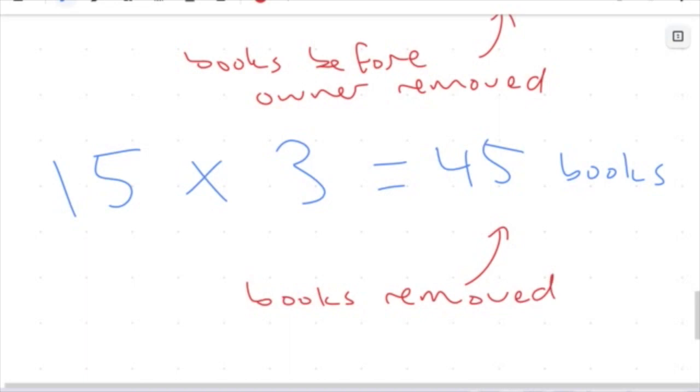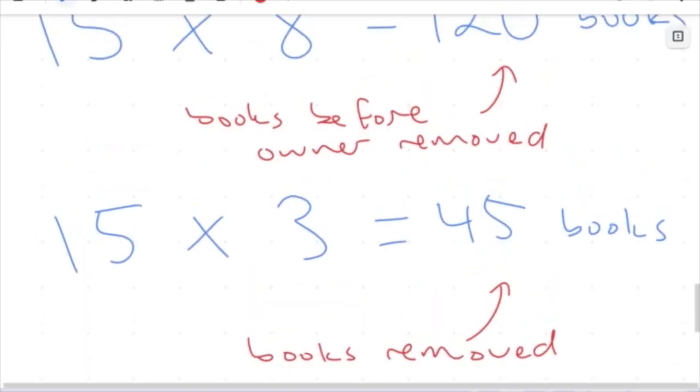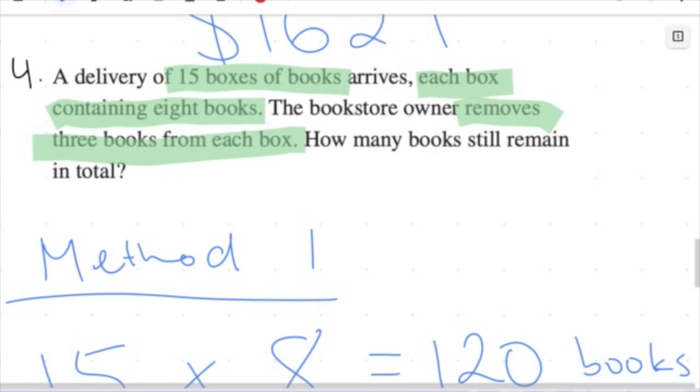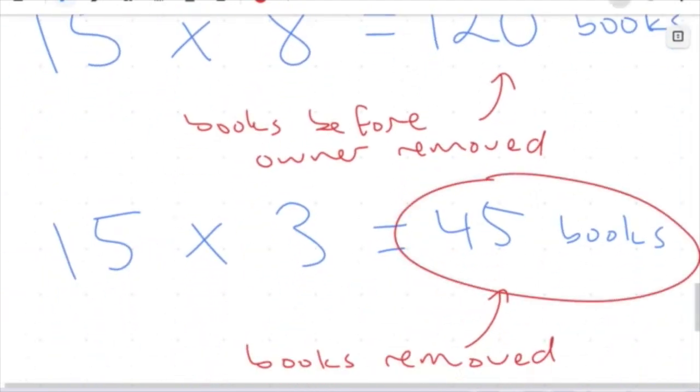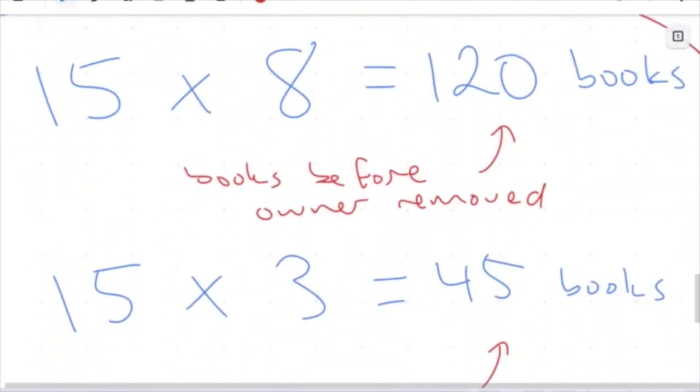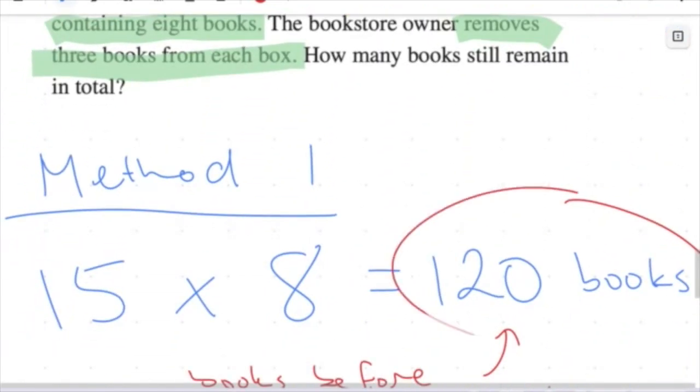Okay, now we want to find, well, how many books are remaining? That's our question. How many books still remain in total after the books have been taken out? Now, remember, we are removing books here. So we are subtracting the books that get taken out from my original books that came in this delivery.